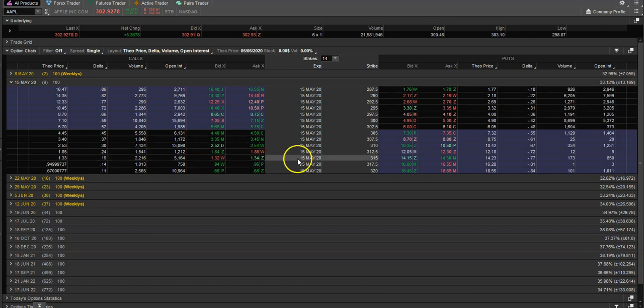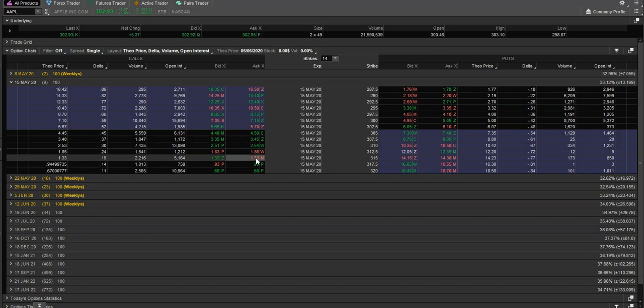So at these 315s, there's about a 19% chance that the option will close in the money at 315, so there's an 81% chance that they won't. If you buy this option, you have a 19% chance of making money at expiration, or an 81% chance of losing.